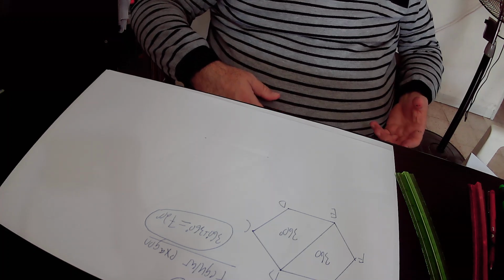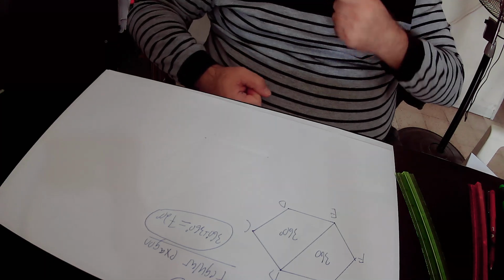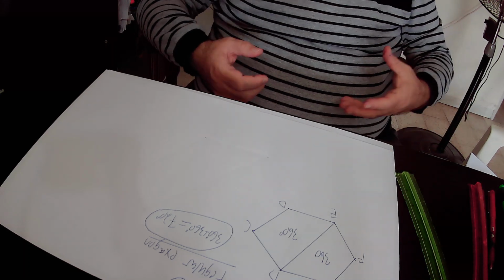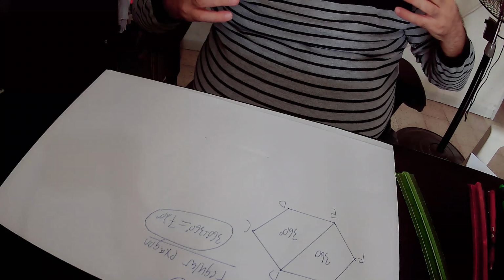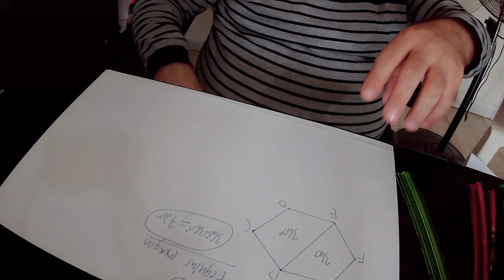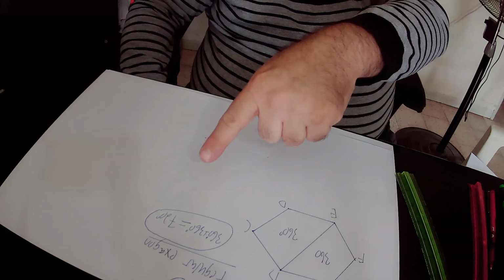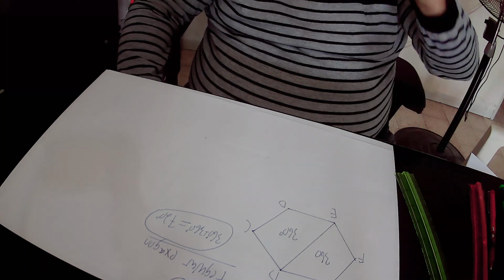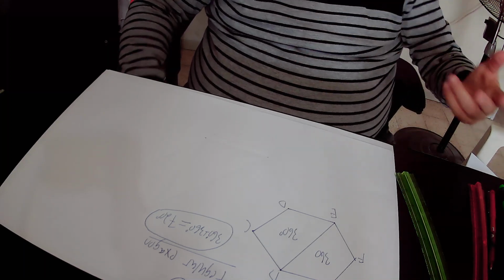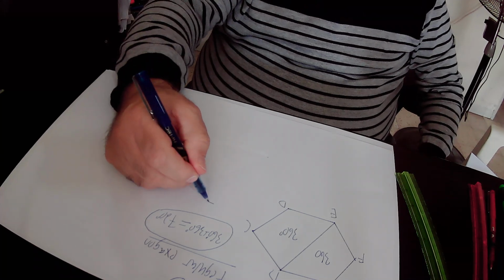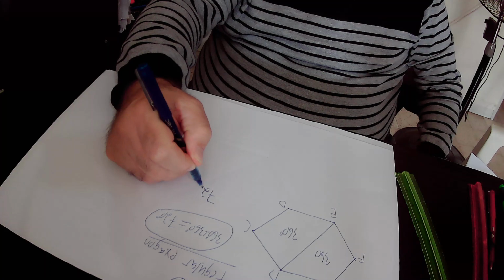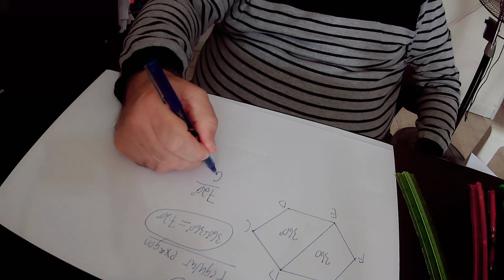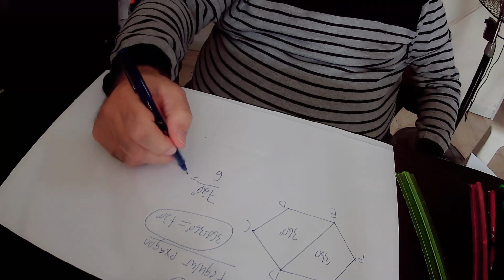Therefore, the size of one interior angle of this regular hexagon will be equal to the sum of the total interior angles, that is 720 degrees, over the number of the interior angles, that is 6. 720 degrees over 6 is 120 degrees.